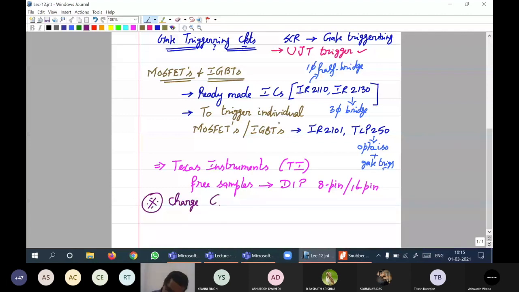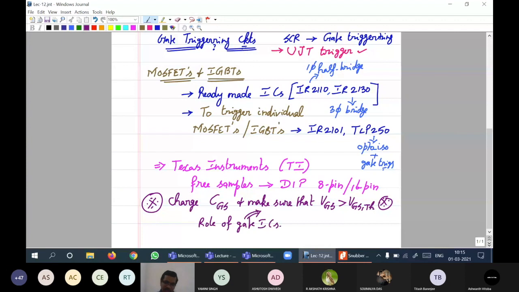Charge CGS and make sure that VGS, the applied gate source voltage, is greater than the threshold voltage. That's all for turn on. This is the purpose of gate ICs. Okay. Any triggering circuit does this, but because I have dealt only with ICs, I am writing this.